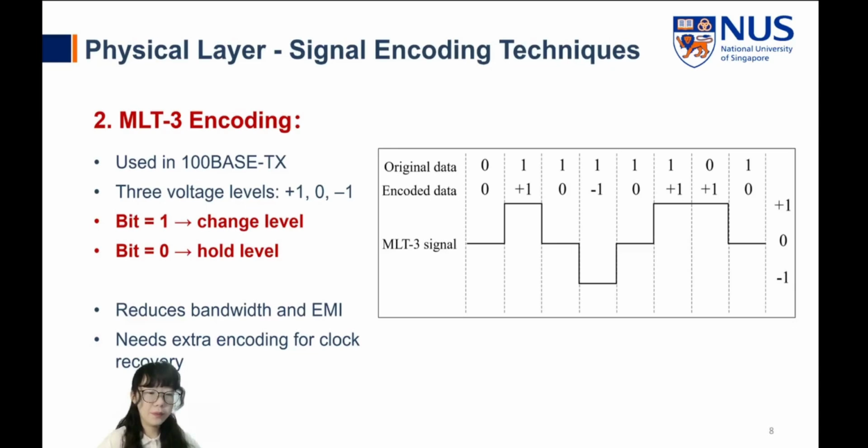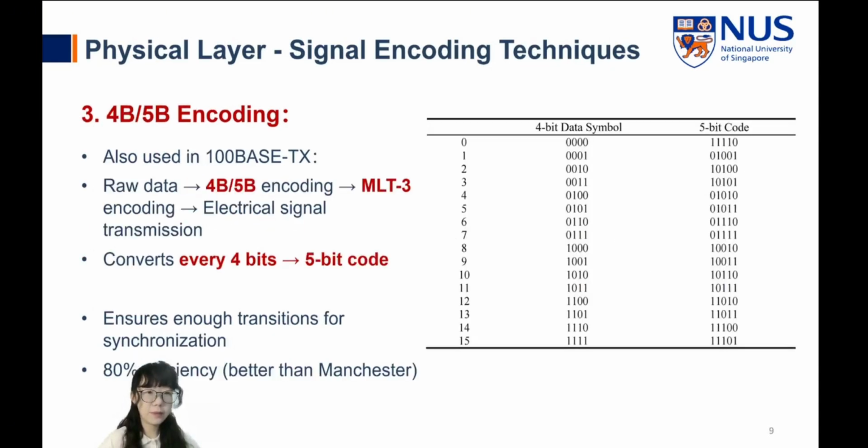That's where 4B/5B comes in. 4B/5B encoding is used together with MLT-3 in 100BASE-TX. It converts every 4 bits of data into a 5-bit code that avoids long strings of 0s.